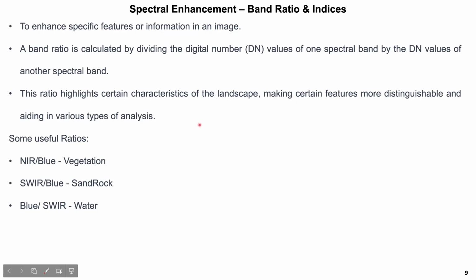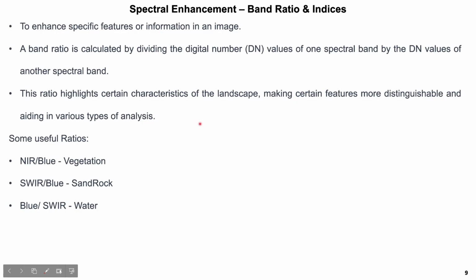A classic example is the NIR band and blue band. If I divide the blue band by the NIR band, NIR values are very low, and the blue band has some reflectance values in case of water.